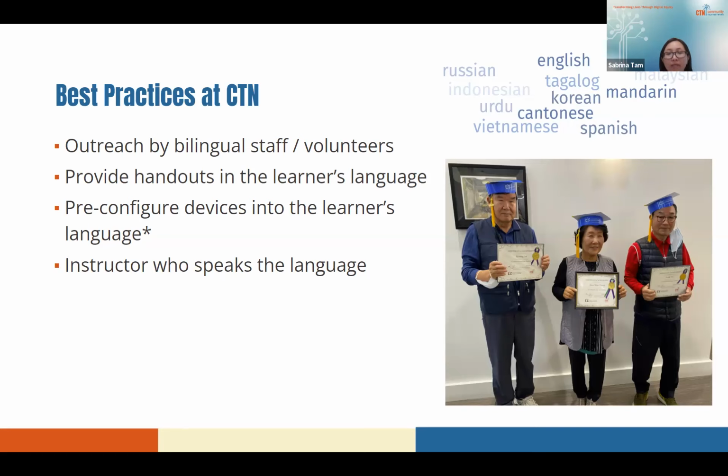If that's the case, like in my experience with Chinese, some of them speak Mandarin, some of them speak Cantonese, and I tried my best to separate them out into two separate groups, but sometimes it's just not possible. We combine them and have to use two different languages. It slowed down the training, but that's the best we can do in that situation.